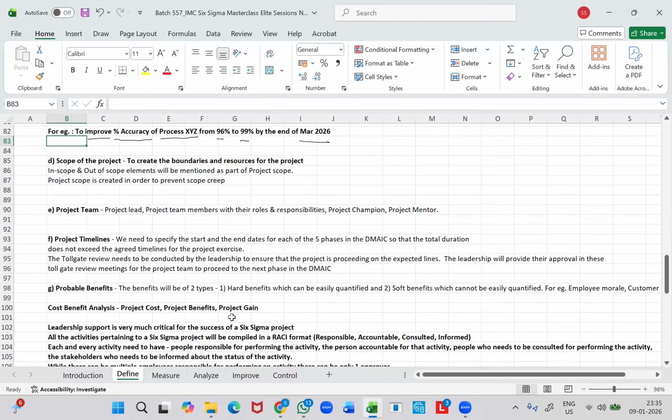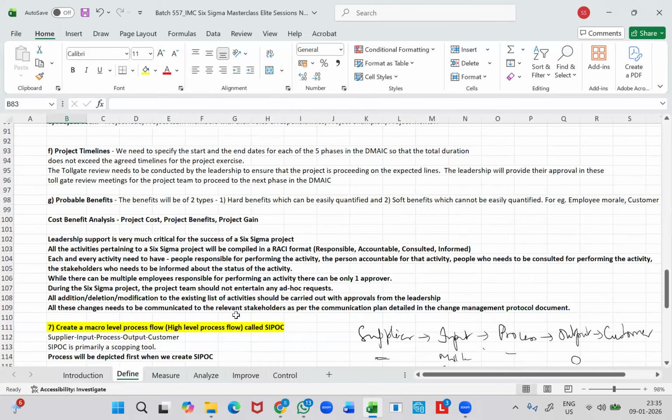And there are certain pointers which the project team needs to remember when they execute the Six Sigma project. The first one, of course, the leadership support is very much critical for the successful closure of a Six Sigma project. And all the activities pertaining to a Six Sigma project exercise need to be compiled in a format called RACI format.